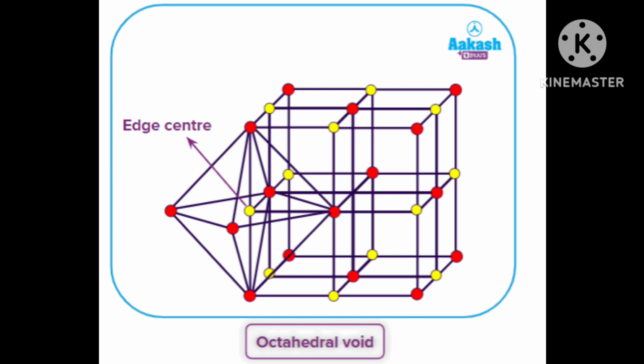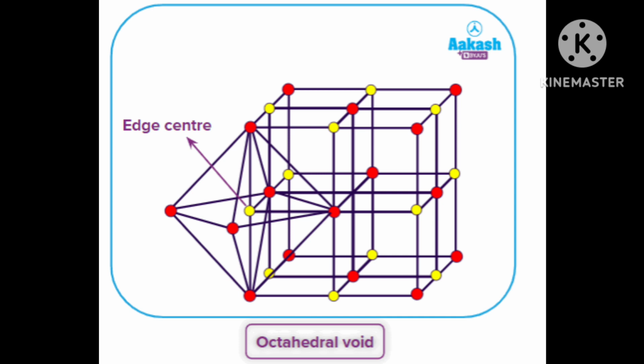One-fourth of each void belongs to a particular unit cell. This is clearly an octahedral void, and I have also told you about tetrahedral voids.